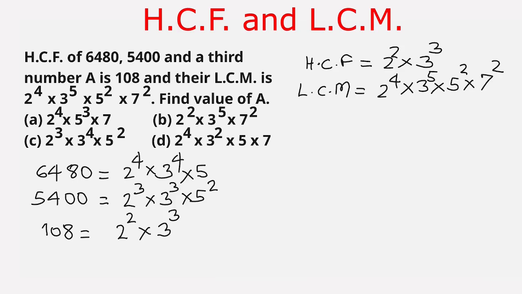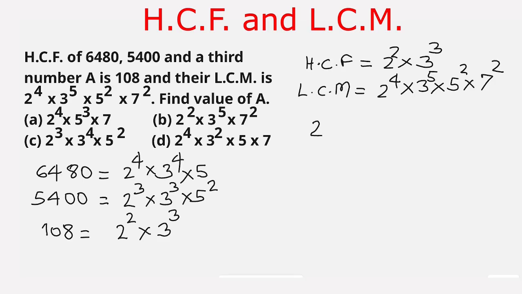We must remember that HCF contains the least power of common prime numbers and LCM contains the maximum power of all prime factors of the constituent numbers. If we remember this property, it will be easy for us to find the third number A.